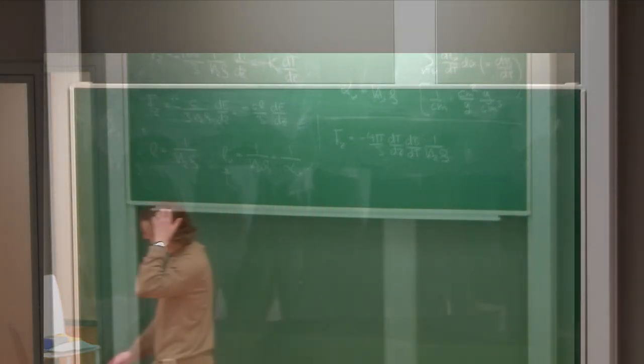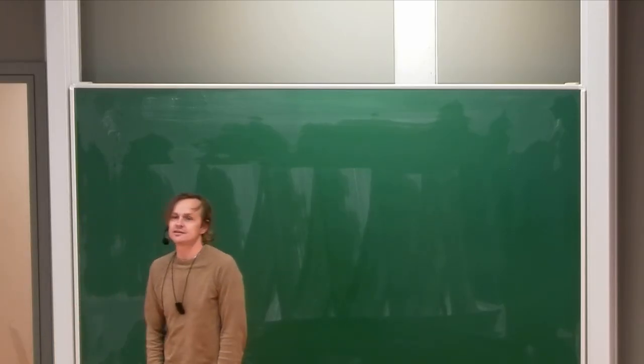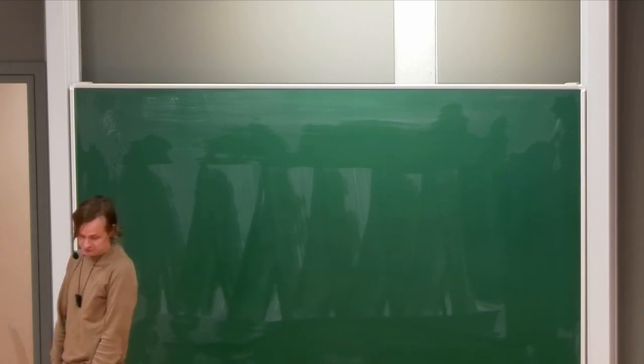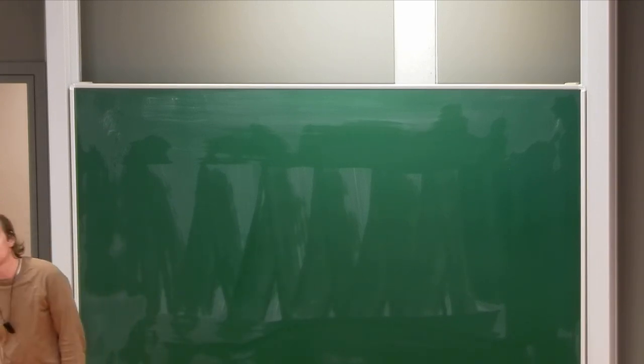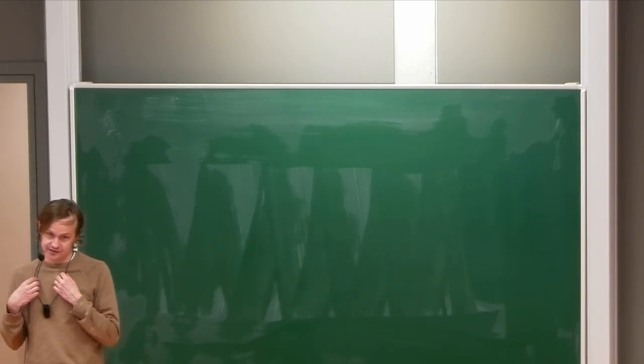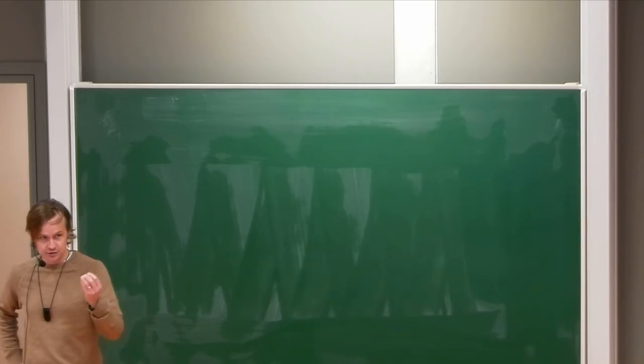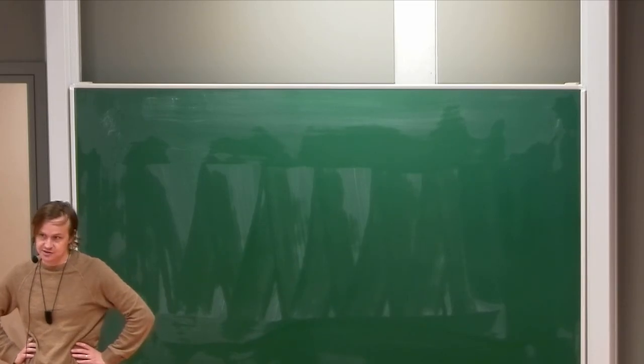Okay, so we'll start again. And we're discussing the radiative diffusion approximation. Before the break, we started from our standard radiative transfer equation that we've been discussing for a couple of weeks now, using the intensity description.